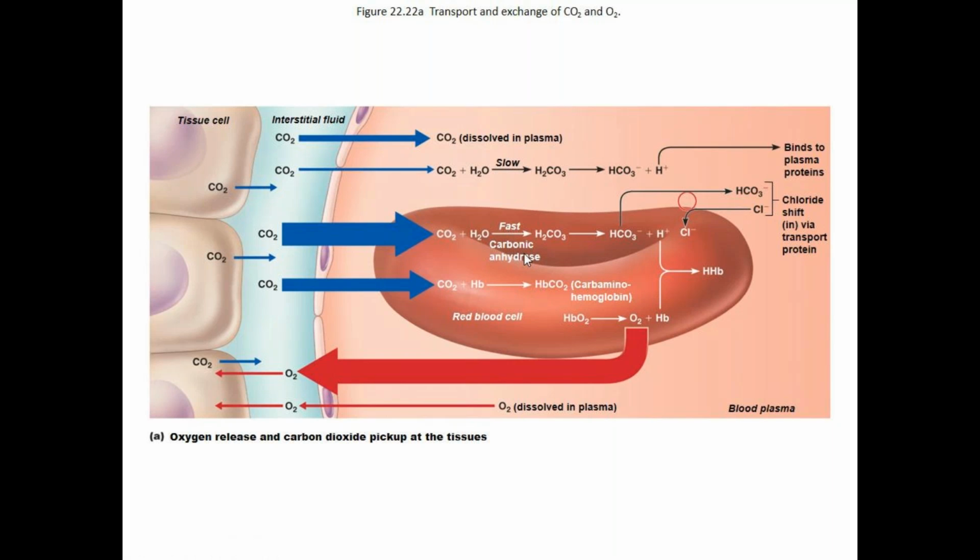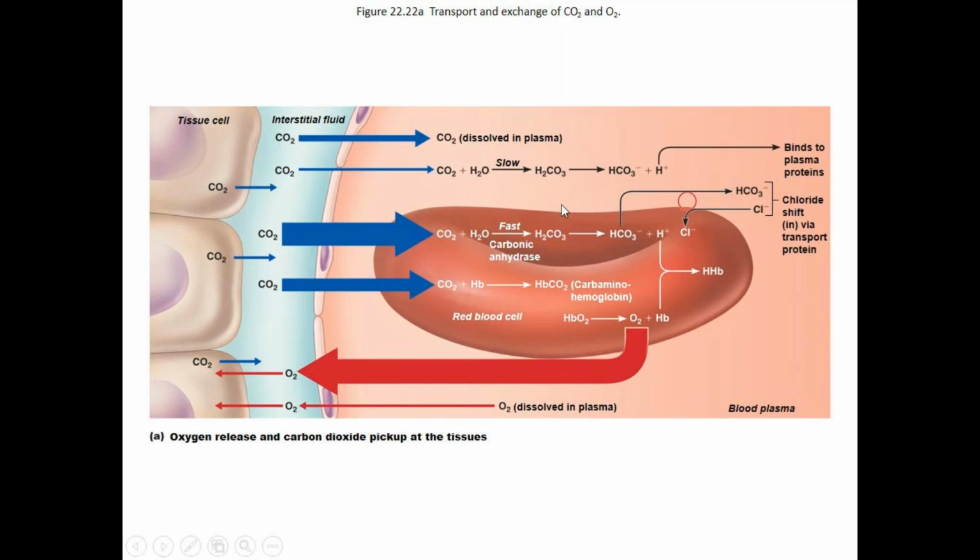The reason we process here is that we balance the offloading of this bicarbonate. So the bicarbonate leaves the red blood cell and enters the plasma. We balance that negative charge leaving the red blood cell by picking up a negative chloride charge. So the charge is balanced, right? And chloride shifts from being outside the red blood cell to being inside the red blood cell. That's all that comes down to for us.